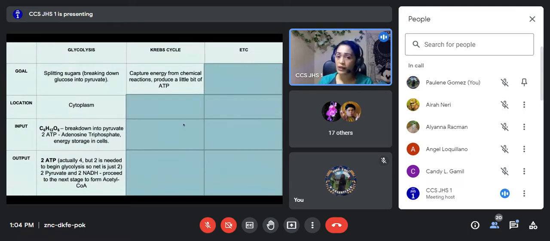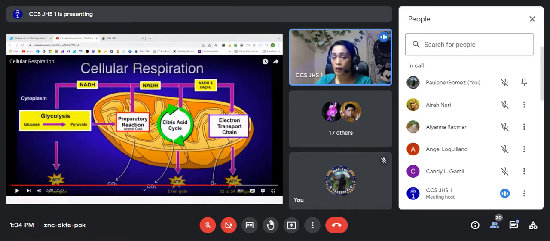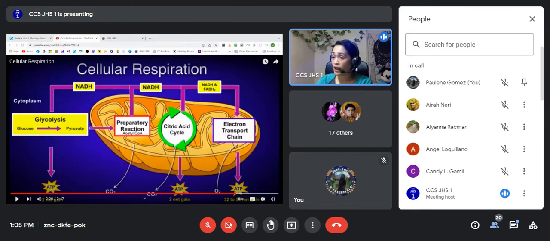So what happens here is that the captured energy from the chemical reaction produces a little bit of energy or ATP, just like glycolysis. However, this process happens inside the mitochondria. So you will notice here sa atong picture, glycolysis is not in the mitochondria because it happens inside the cytoplasm. But when you start going to the second stage and onward, it's now happening inside your mitochondria.